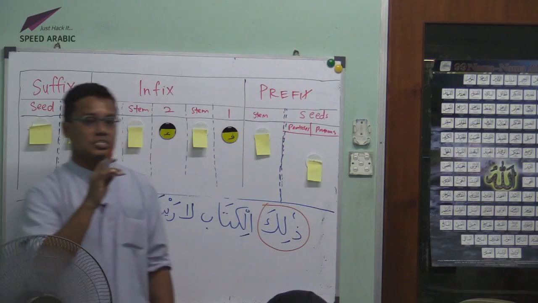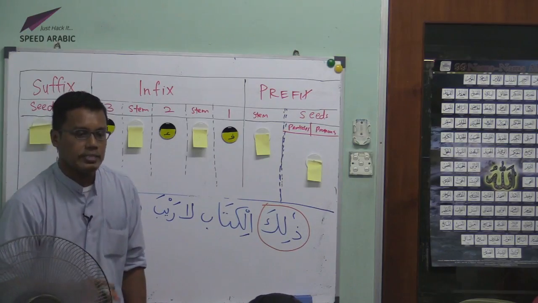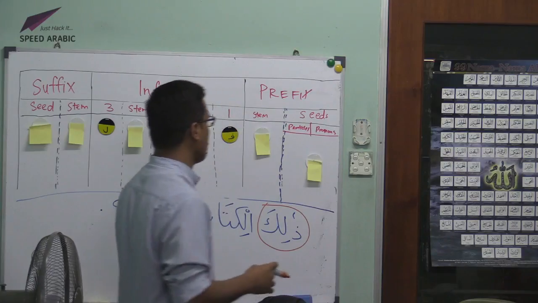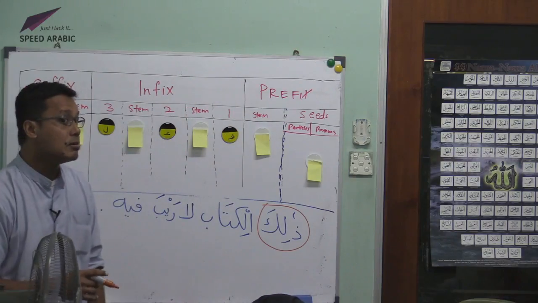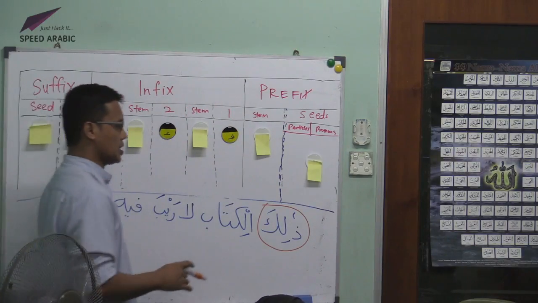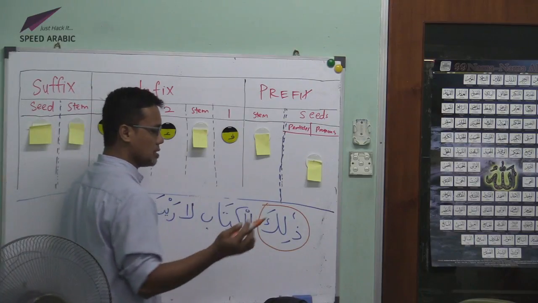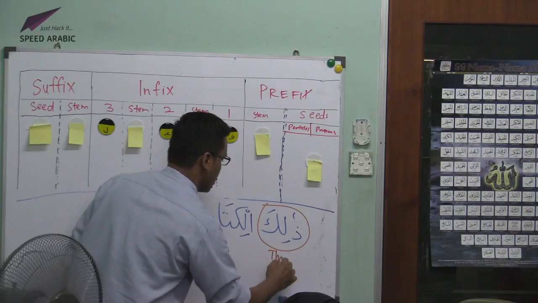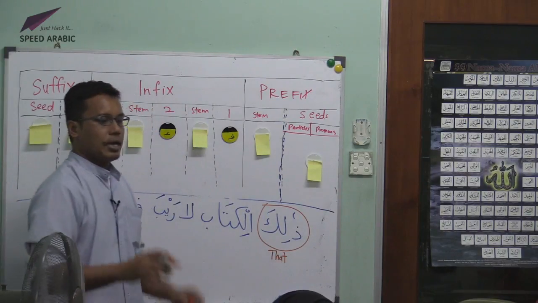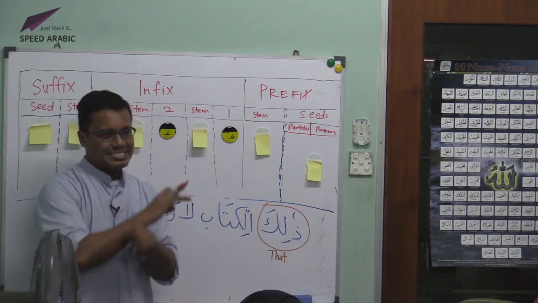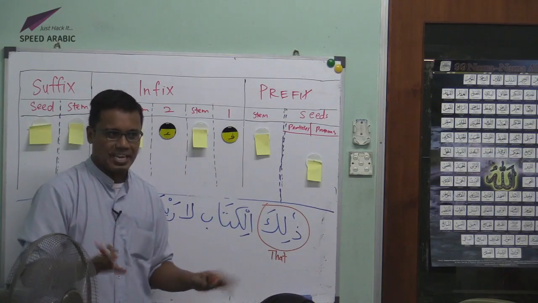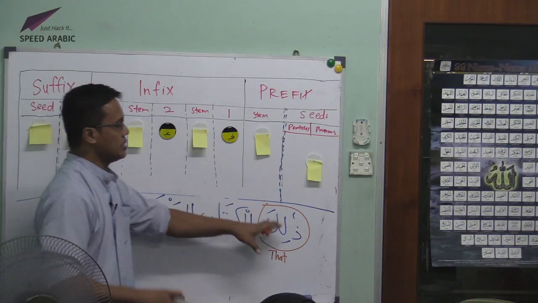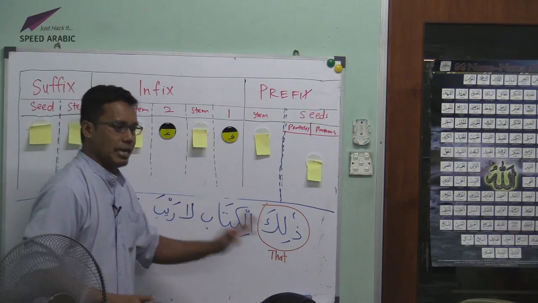So you go to the seeds, you find the word dhalika. Can you find it and give me the number? 7.2. And what's the meaning? That. And the hacking process ends there. For seeds, you just go to step 1, you find the seed and it ends there.